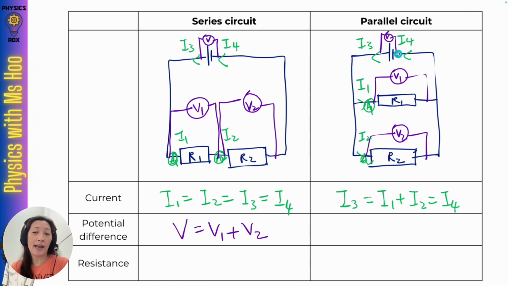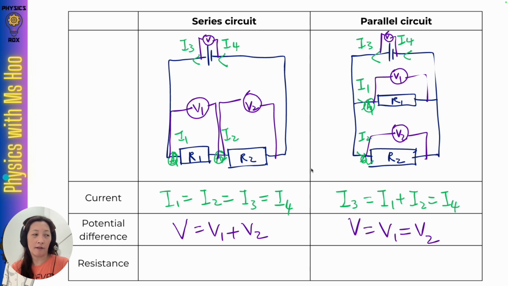So you have to look at the flow of current. Because the current has an option to flow between two different lines, if you look at it that way, you'll find that V1 and V2 for this parallel circuit are actually equal. That's because of the way the charge flows.